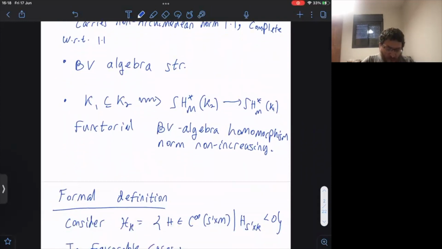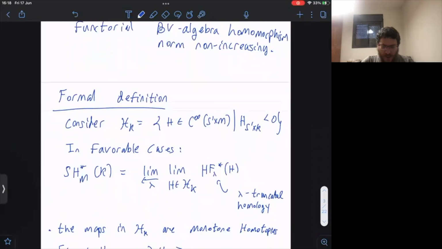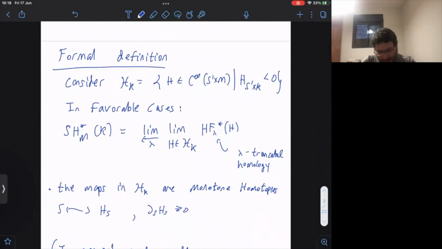Then if you want a formal definition, at least as a module, in favorable cases you can consider the following.